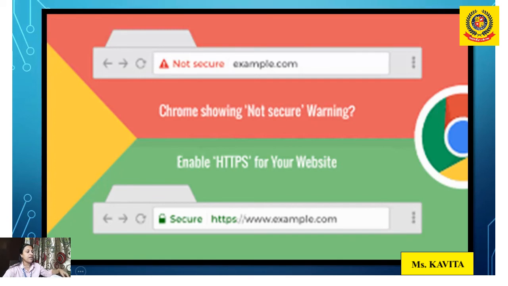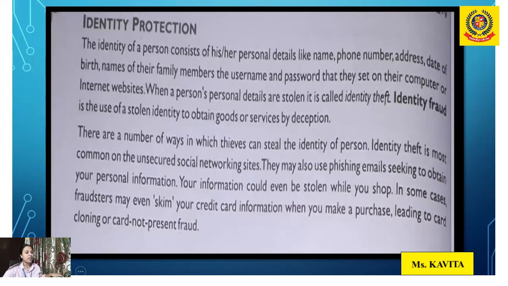Next is identity protection. The identity of a person consists of his or her personal details like phone number, address, date of birth, names of their family members, username and password, which they set on their computer or internet website. You must have set a password, name, address and date of birth on a personal website.